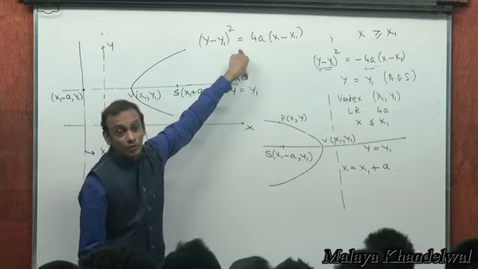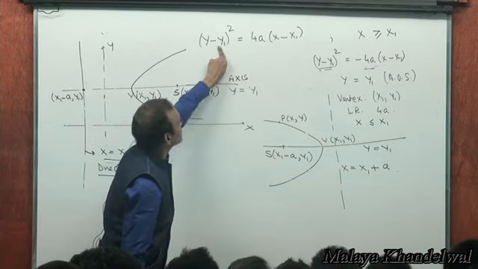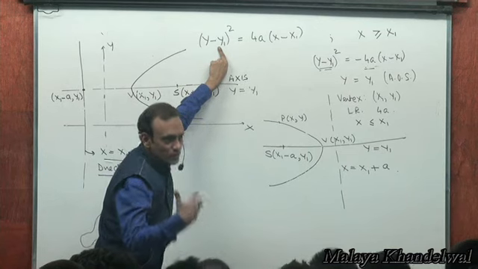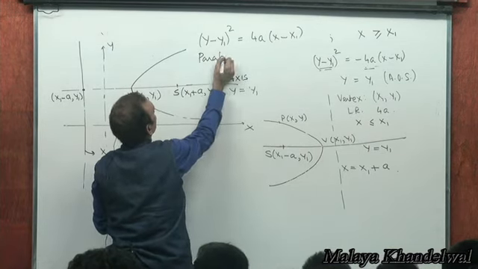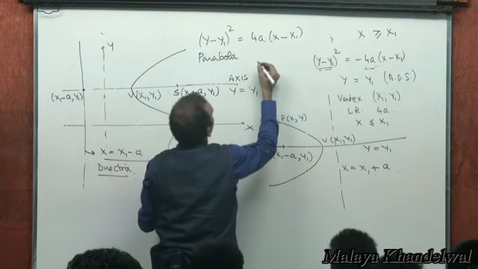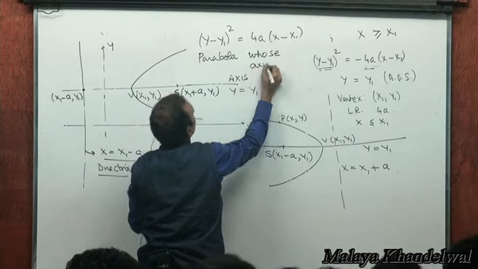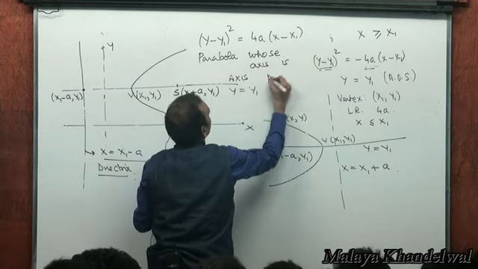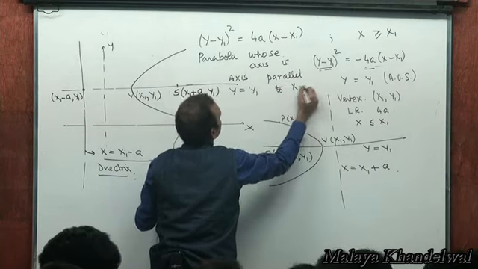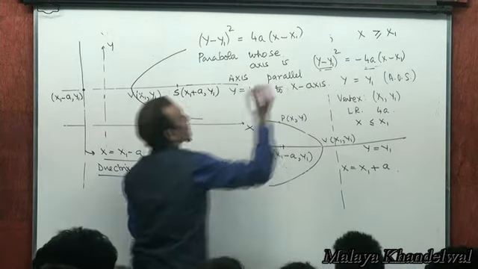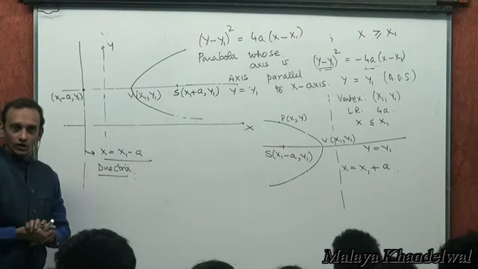Axis would be y equal to y1, which is an axis parallel to the x-axis. This represents the bunch of parabolas whose axis is parallel to the x-axis. Right?